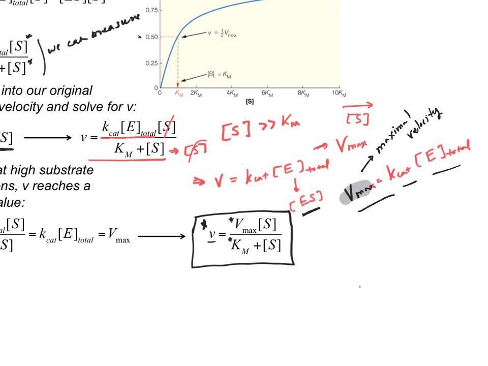Vmax is not a constant, though. We should note that. What is a constant is Kcat. This is specific for the enzyme that we are dealing with. If we have Vmax and we know the total enzyme, then we can find Kcat. But with respect to the Michaelis-Menten equation and the way we're going to move forward with it, we're going to have this in terms of Vmax.